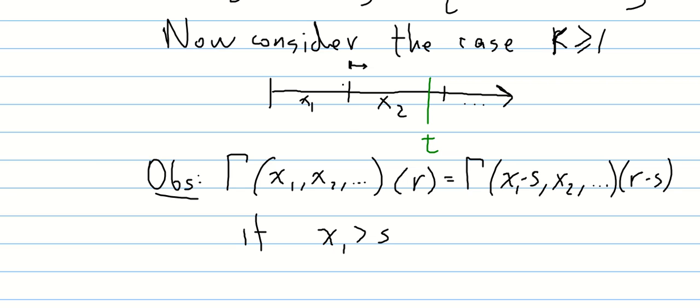What am I talking about here? Imagine that we have some time s here, and we know that the first visit arrived after time s, just like in this picture. Forget t for a moment, we're going to talk about t soon, but this is more general. This holds for every r and for every s. Imagine that the first visit arrived after s, and we are looking at the counting process at some time r.